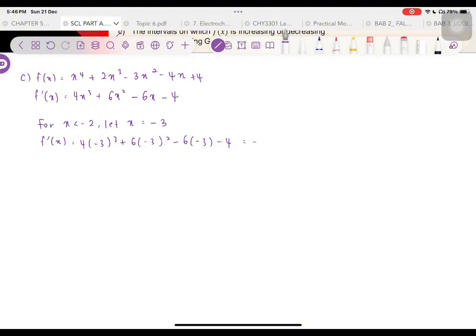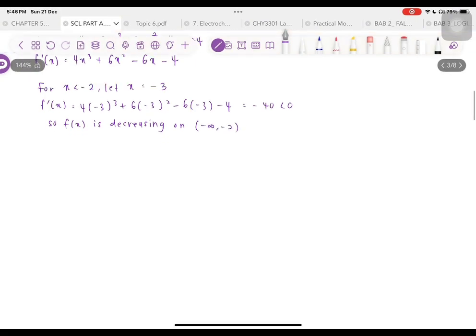And we will get the answer, which is -40, which is less than 0. So the function f(x) is decreasing on (-∞, -2).